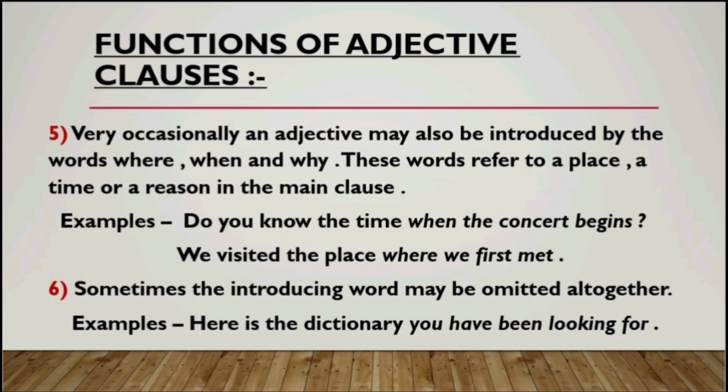Here you will see that there's one word that's missing, it's omitted, that's the word that. If I say here's the dictionary that you've been looking for, it can be written like this also, here's the dictionary you've been looking for. So we have omitted an introductory word in the clause. So these were all the functions of an adjective clause.